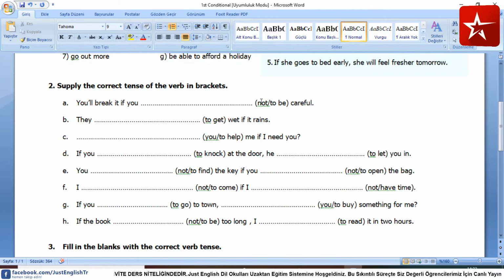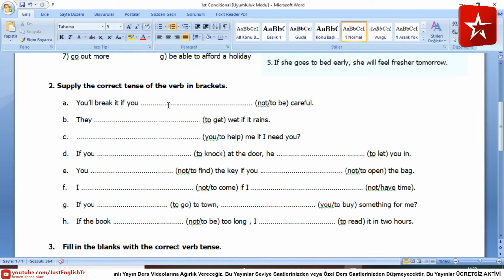and if you see here not, it means this part is a negative part. If you don't be careful, or if you are not careful, which one should we use? Present simple or to be, like don't be or aren't? Some people say it is don't be.